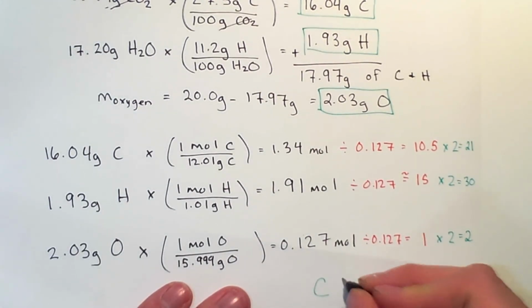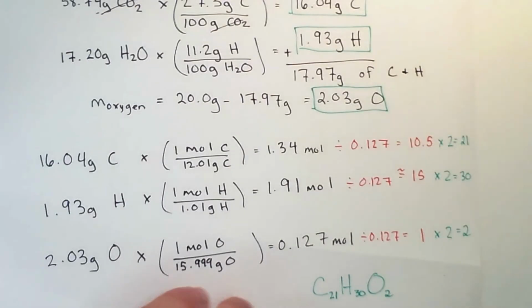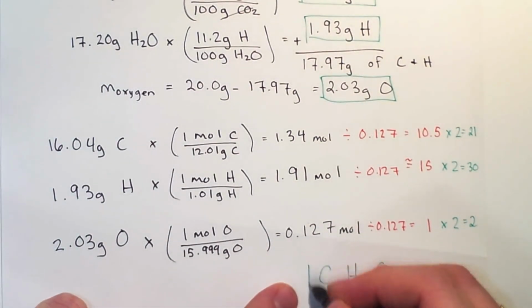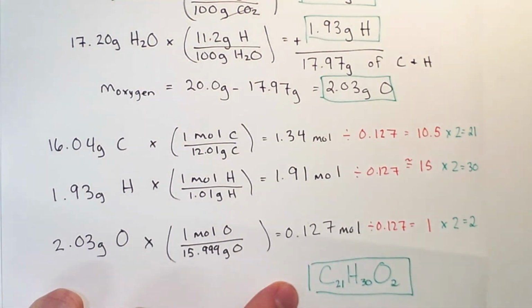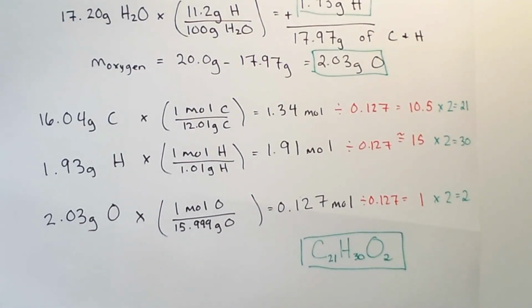Nice and round numbers, so C, H, and O. It's C21H30O2. That's our empirical formula, and that is how we do combustion analysis.